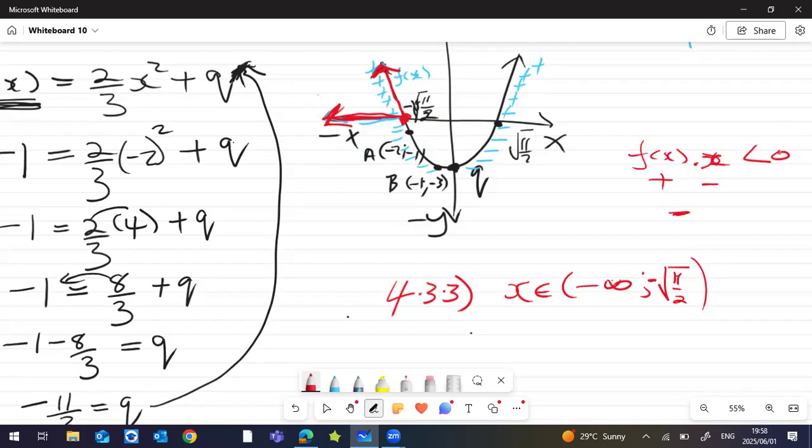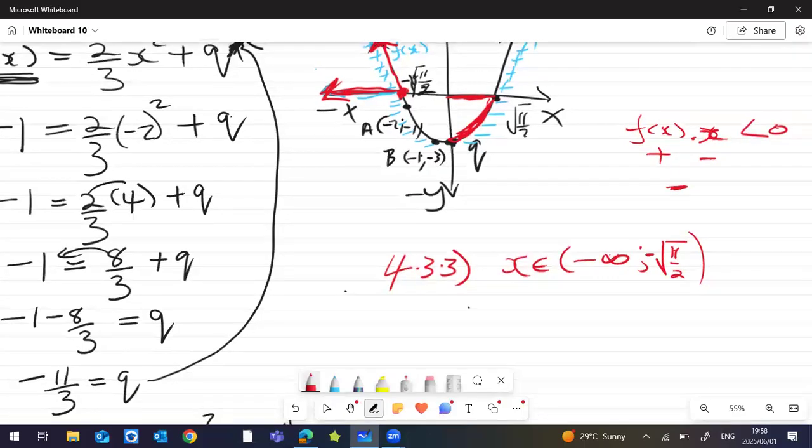Now let's look at the next one. Where else do you find the solution? If you look here, these x values are positive, but the graph is below the x-axis. The graph is negative, but the x values are positive. Remember this is 0.